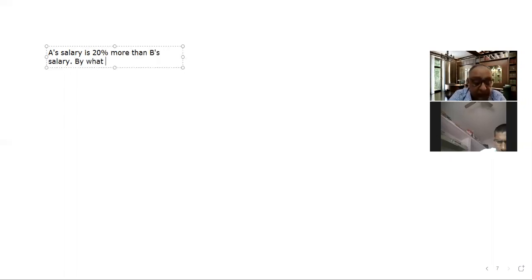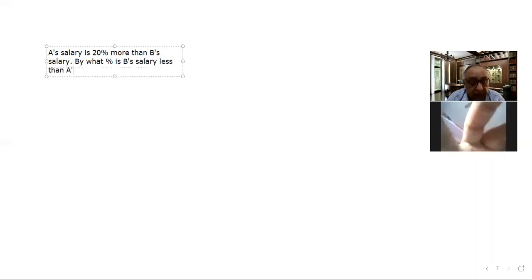By what percent is B's salary less than A's salary? So that's the point here. By what percentage is A's salary less than B's salary? I hope you may have understood the question, right?